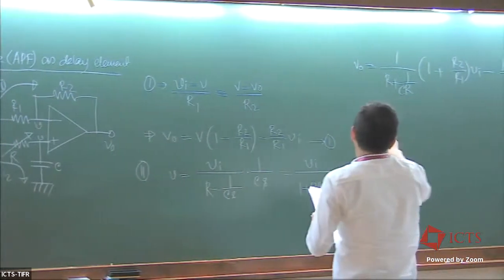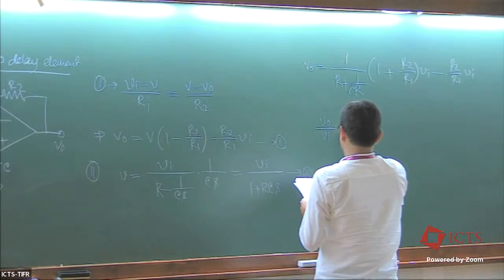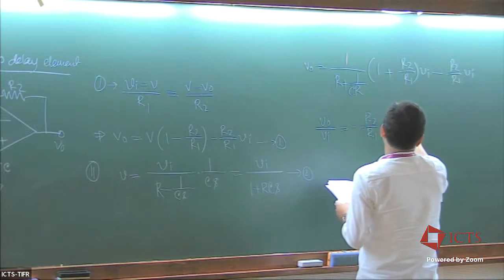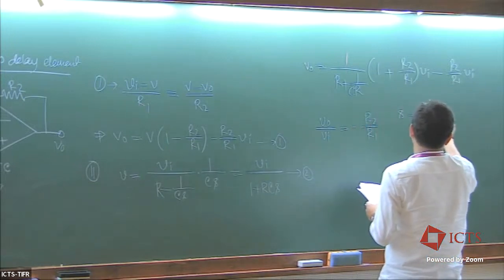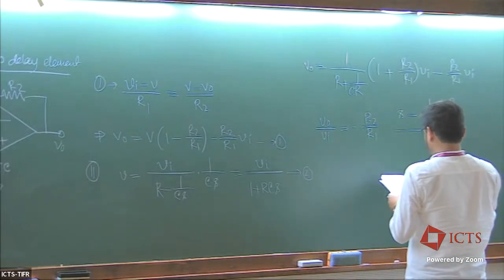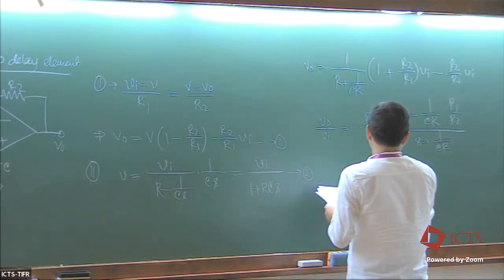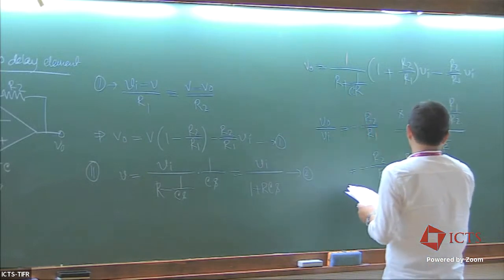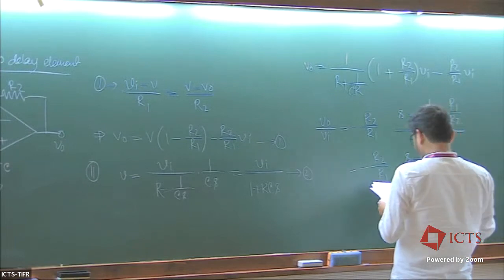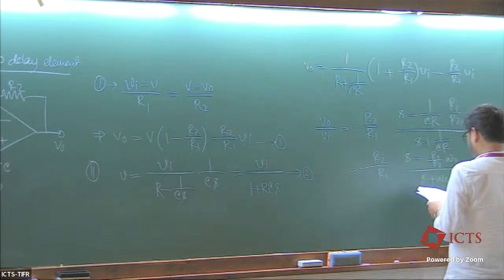And if you do some steps, then you can get V0 by VI is equal to minus of R2 by R1 into (S minus 1 by CR R1 by R2) divided by (S plus 1 by CR). So this reads minus R2 by R1 (S minus R1 by R2 omega 0) divided by (S plus omega 0), where omega 0 is equal to 1 by CR.